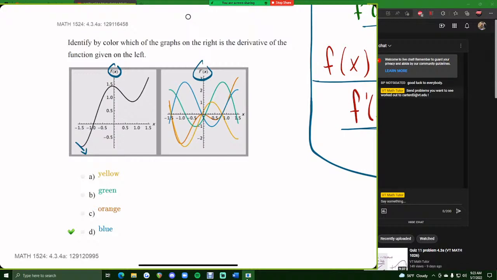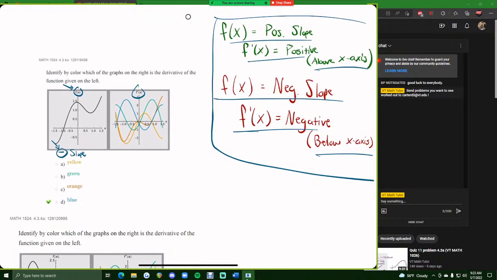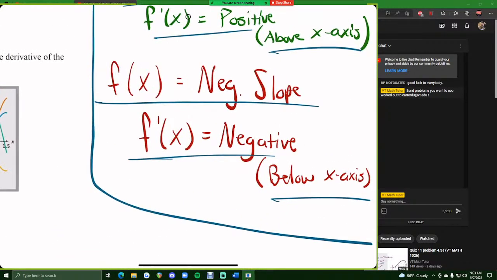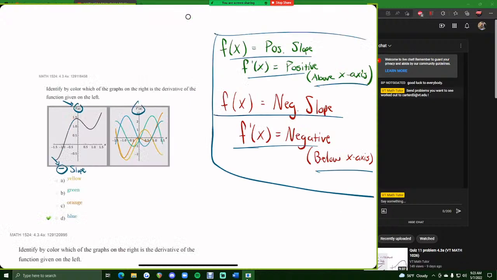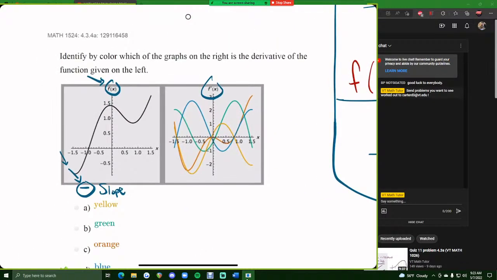It's decreasing, so it's just a barely negative slope on the original graph of f, which means when f has a negative slope, f prime is negative or below the x-axis, which means if this starts with a negative slope right on the left side here, that means on f prime, on the far left, it should just barely start below the x-axis because this starts with a negative slope at the very start. So there's only one color that starts below the x-axis at its leftmost point, and that is blue.